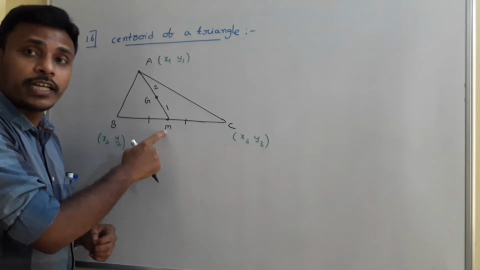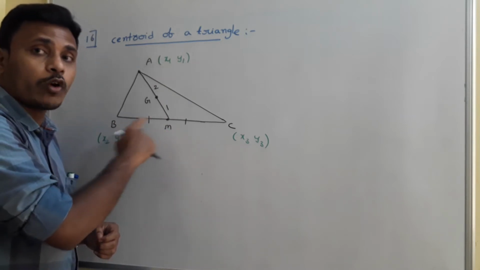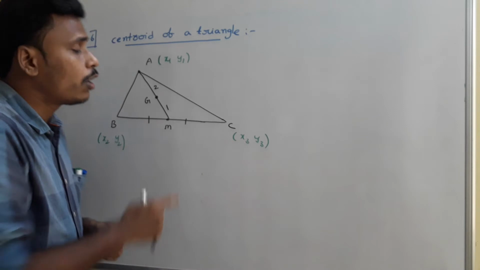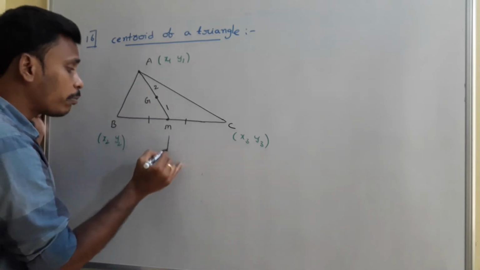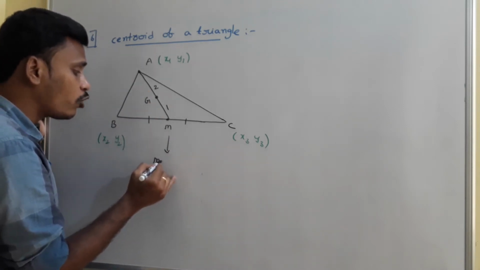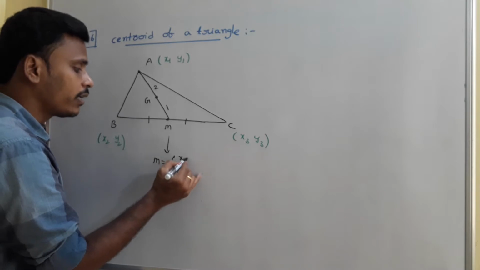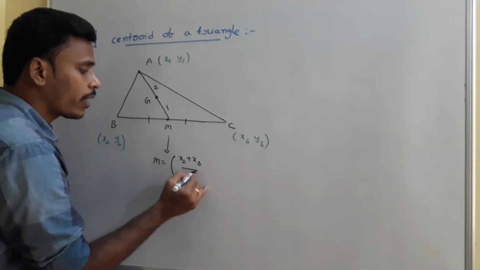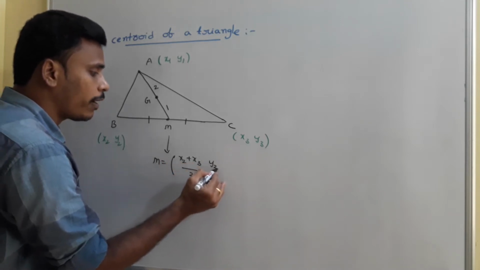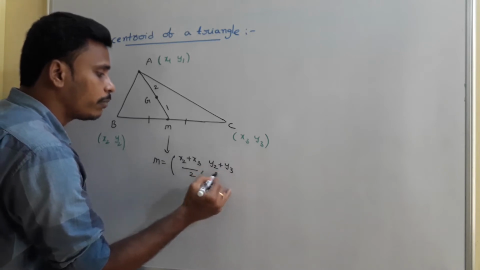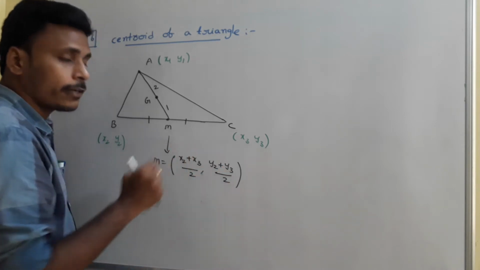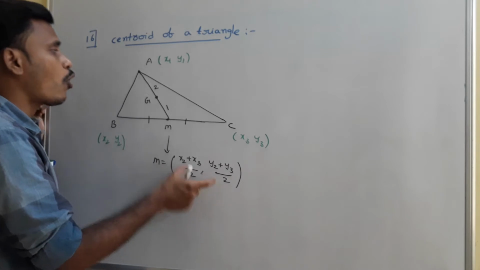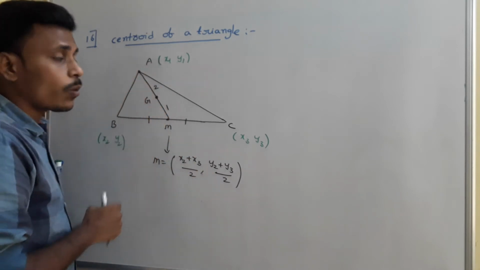M is the midpoint of BC as well as the foot of the median, and it can be calculated by the midpoint formula: ((x2 + x3)/2, (y2 + y3)/2). And A(x1, y1) is the vertex.